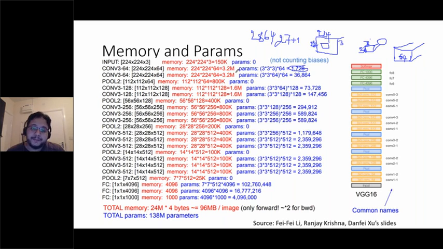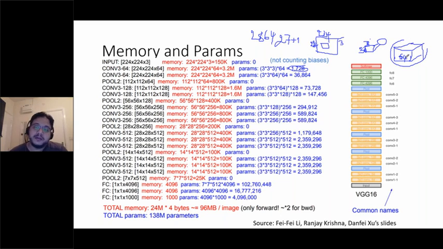But the memory is not just the number of parameters. It's the number of parameters and the whole feature map that we are producing. This is the biggest problem. The feature map will be stored in memory. You agree with me? Knowing the parameters tells me more or less the speed, but the feature maps tell me how much memory we need.